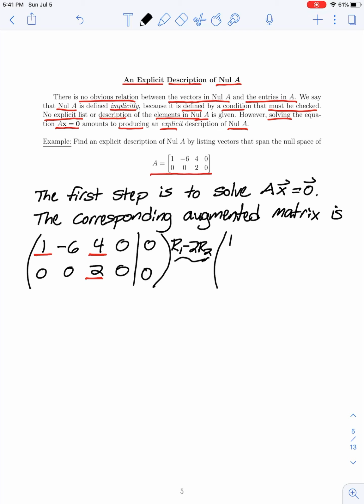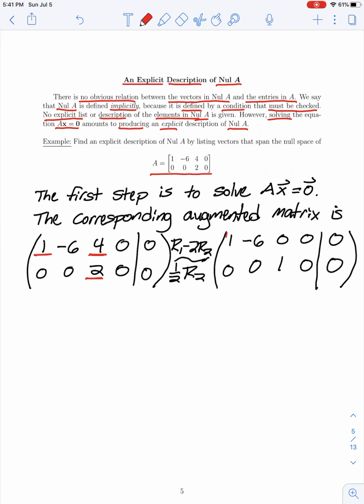That makes my first row 1, -6, 0, 0, 0. And in my second row, I want that leading entry of 2 to be a 1, which I could get by taking half of the second row, which would make this 0, 0, 1, 0, 0.